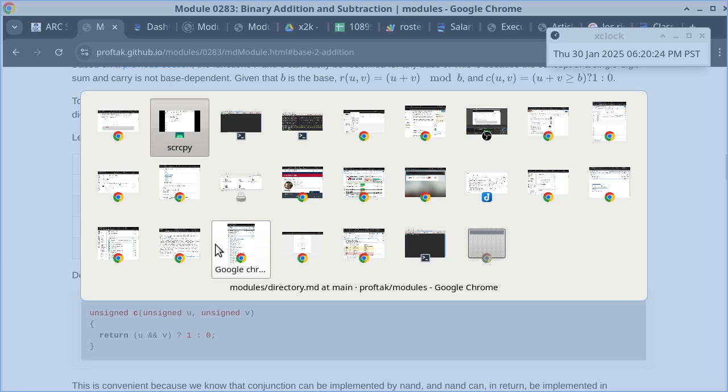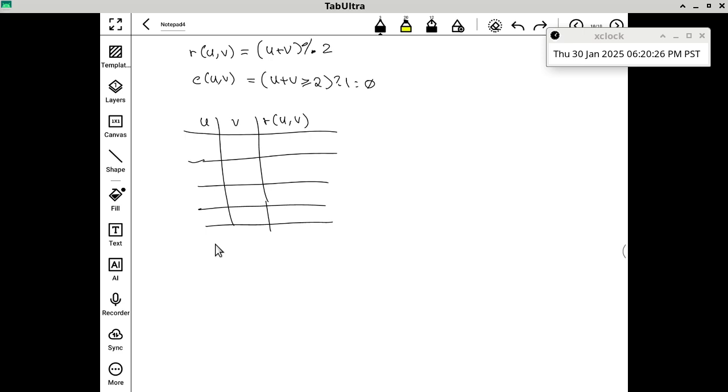And of course, those of you who have read the notes already go like, yep, I know that. All right. But I'm going to work on this independently, just so that you guys know how it is done. Because U is a single digit in base two, it can only be a zero or one, and same thing with V. Does it look like a truth table?